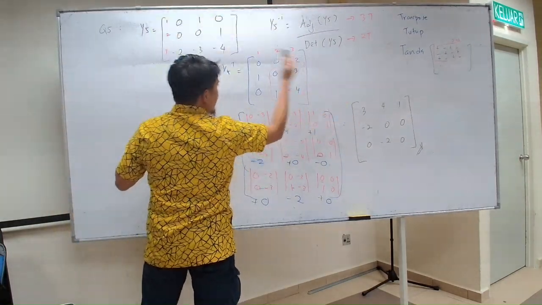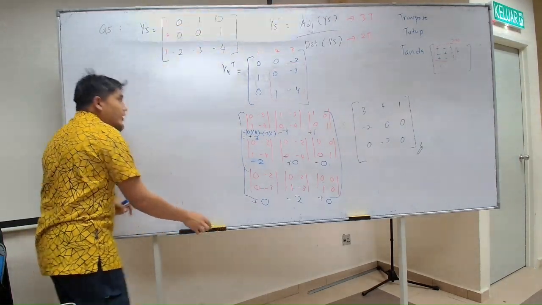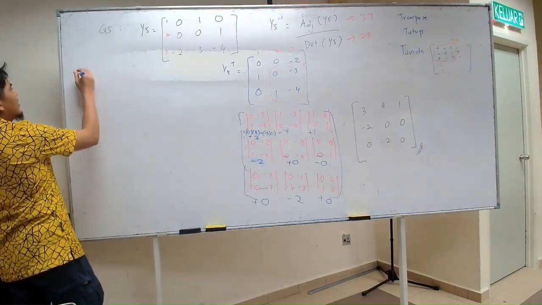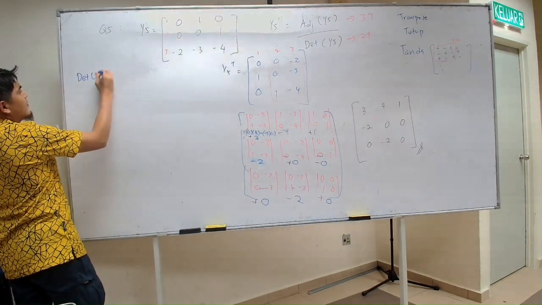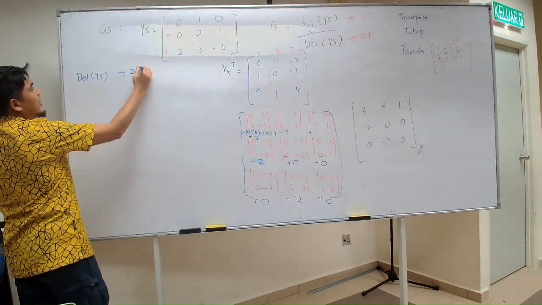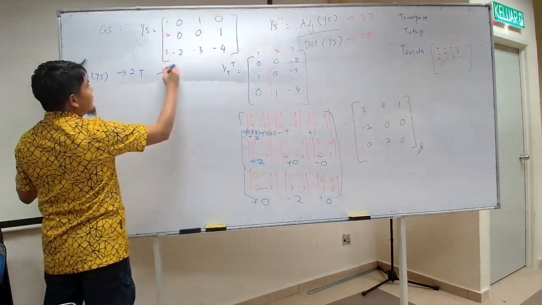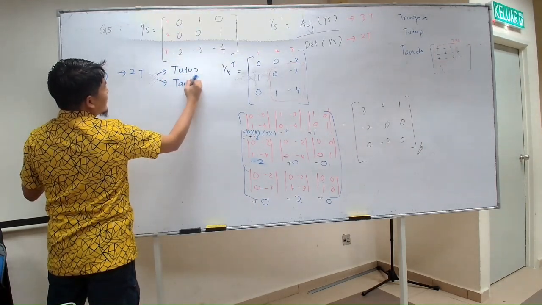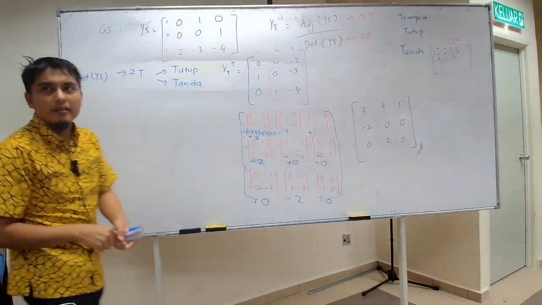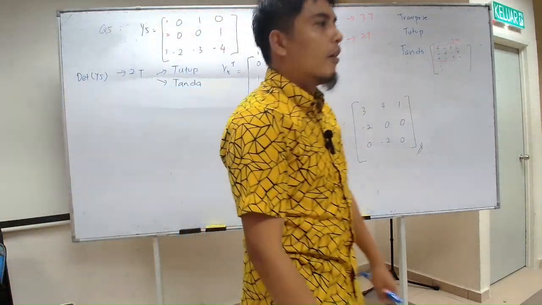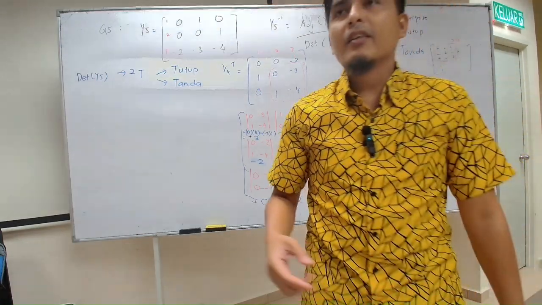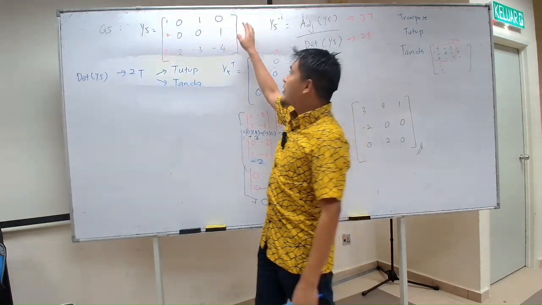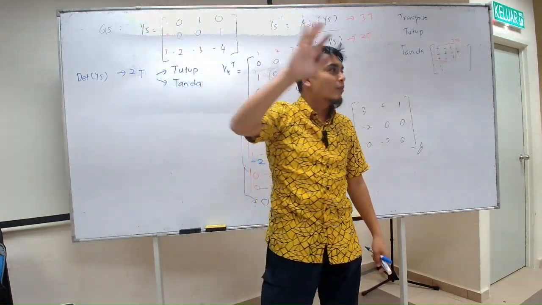So this is our first answer. So now we go for the determinant of Y5. For the determinant of Y5, you use 2t, which is firstly you need to tutup and finally tanda. Okay. However, to determine the determinant, before you proceed with tutup, you need to choose any row or column that you want.